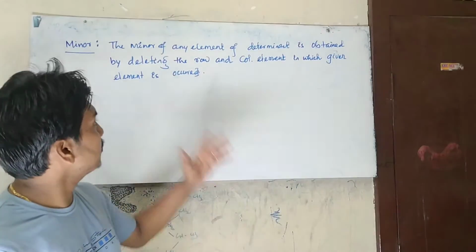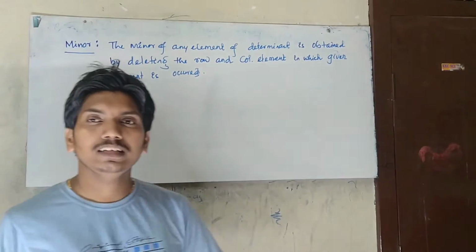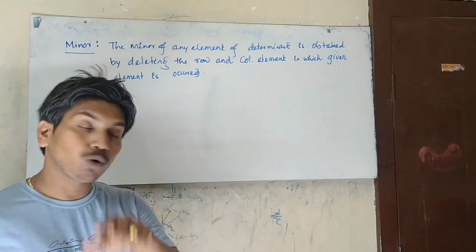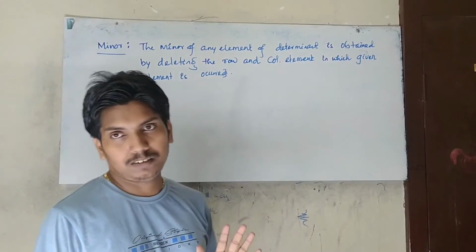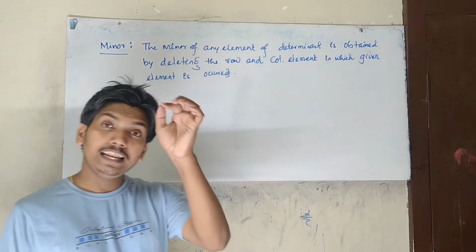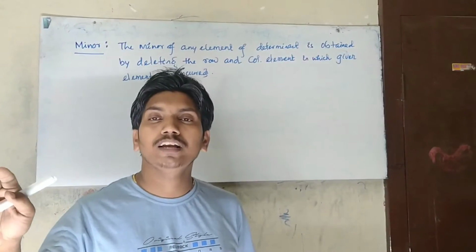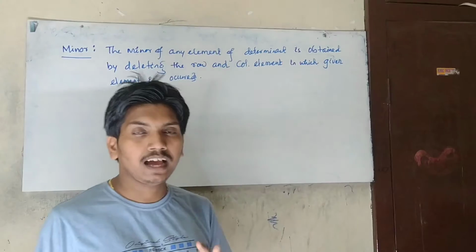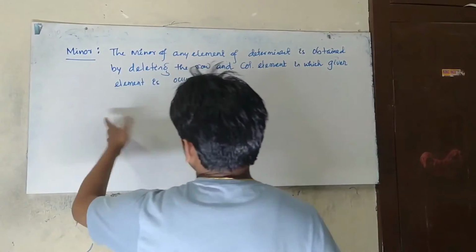I will explain what the minor is. The minor of any element of a determinant is obtained by deleting the row and column in which the given element occurs. The element whose minor you want to find, whatever row and column it is present in, you have to leave that row and column out; whatever remains is our minor. How is this possible? I will explain with this example.